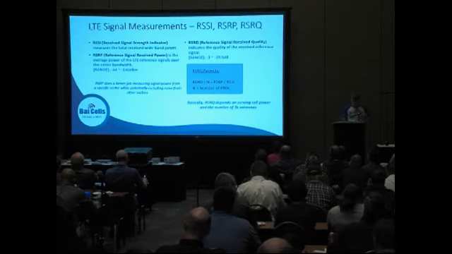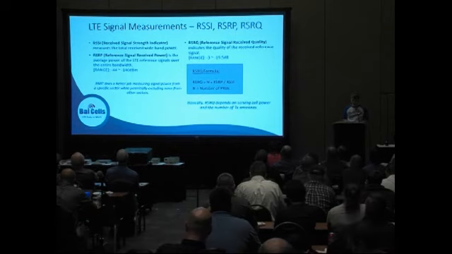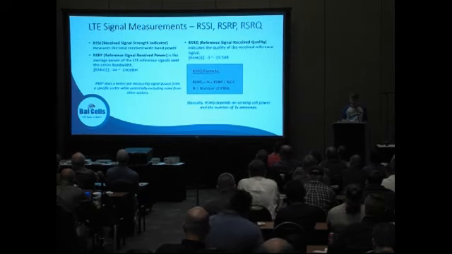It determines the signal power across the whole reference signal resource block, whereas RSRP only cares about the one little resource element. That's why the RSRP is a lot weaker. It's only doing a narrowband approach for receiving signal.